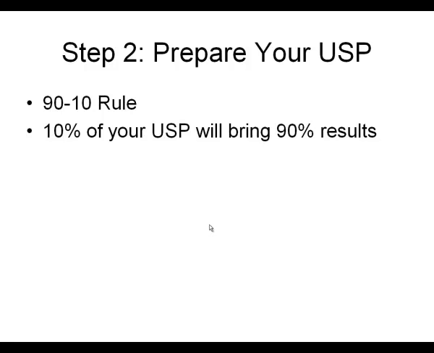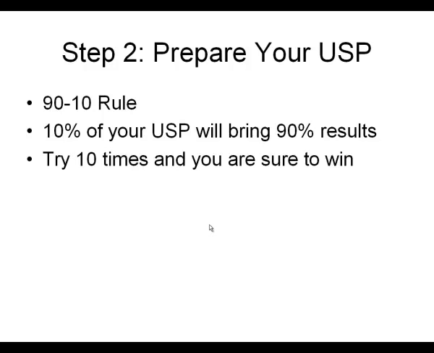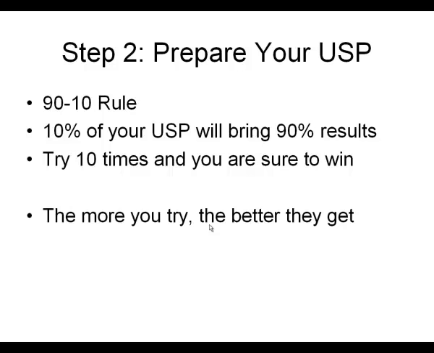So 10% of your USPs bring 90% of your results. If you try once, you have a 10% chance of getting something to work. If you do it 10 times, then you're for sure going to hit at least one that works. And if you try 100 times, then you'll have 10 very good unique selling propositions that bring you massive loads of leads.